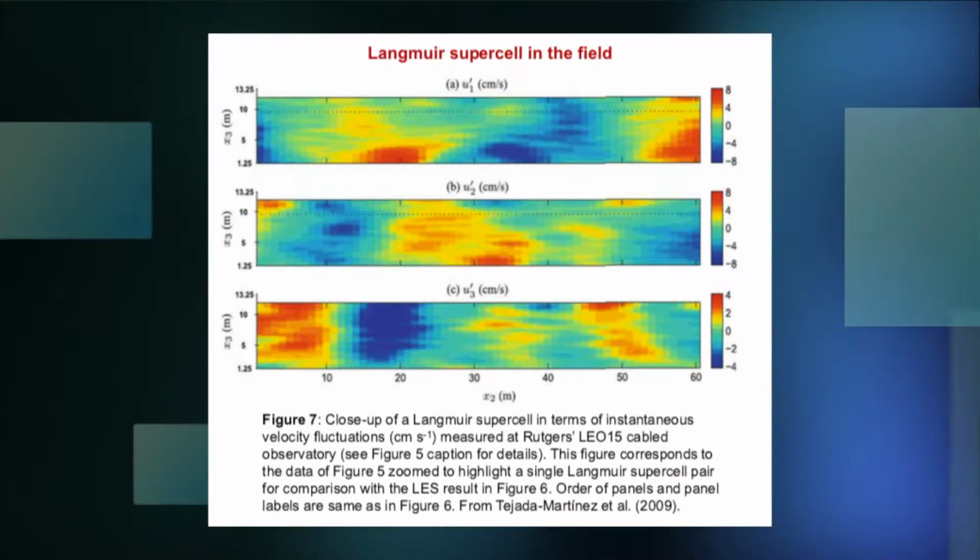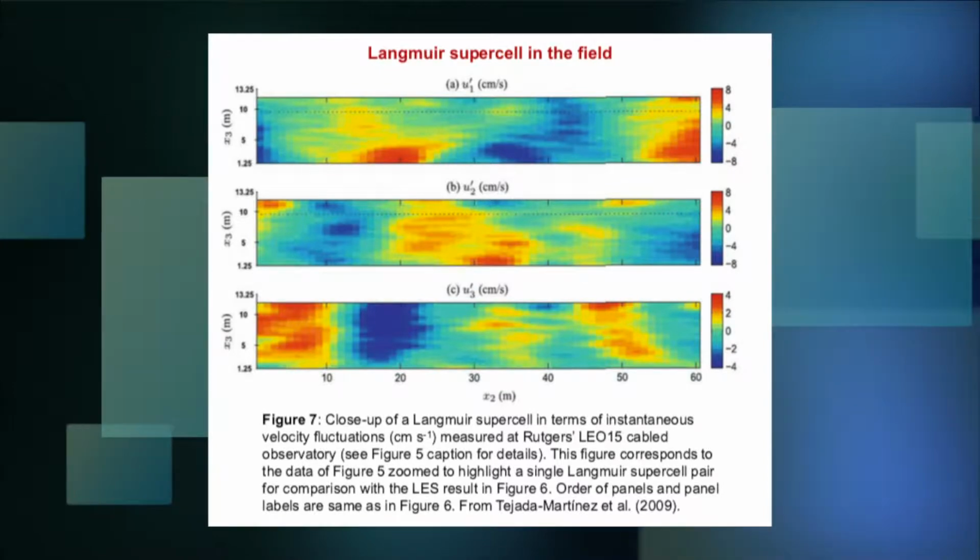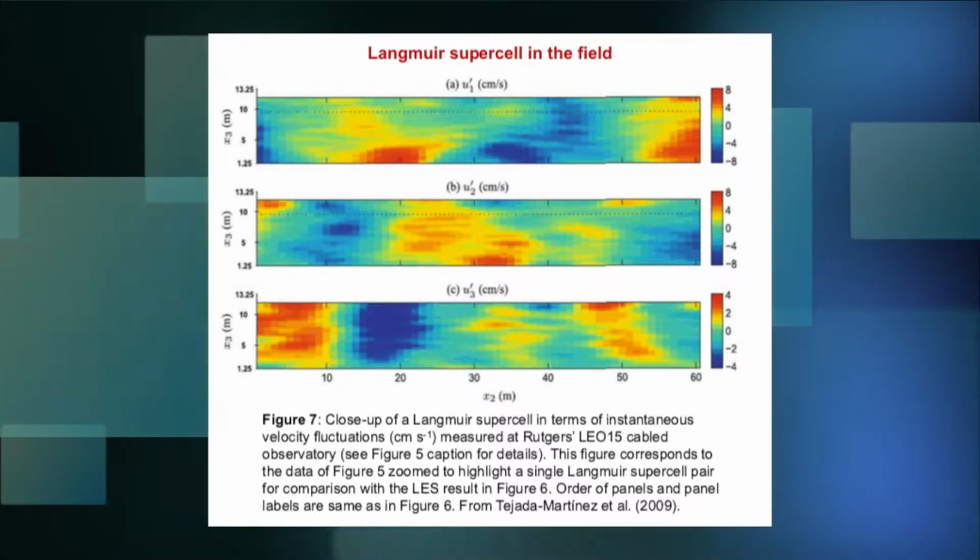And one key finding that we've seen in the simulations is that the cells will accumulate the oil droplets at the surface convergence of the cells. And then for the lighter sediments, the Langmuir supercells can actually transport these lighter sediments all the way to the surface and pass them or filter them through these surface convergence zones where we have the oil droplets being accumulated.